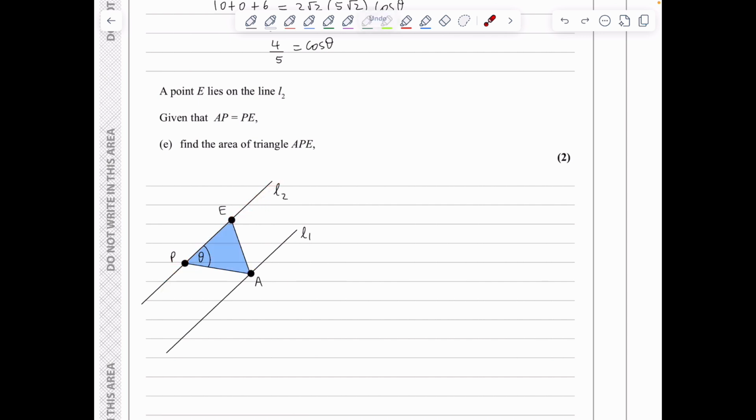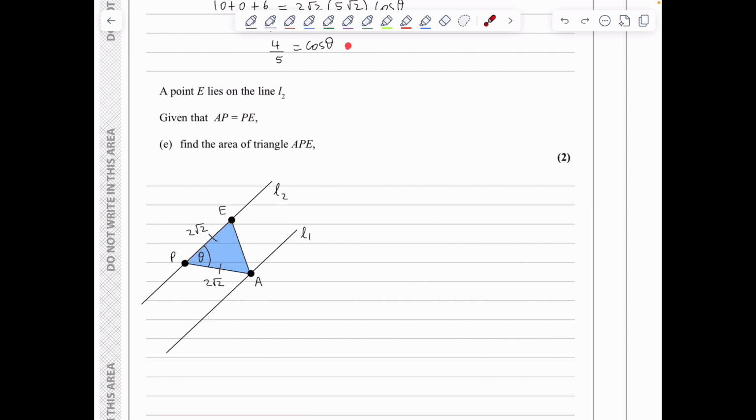We also know that we need to find the area of this triangle, and we are given that the distance PE and the distance AP are equal, and the distance is 2 root 2.